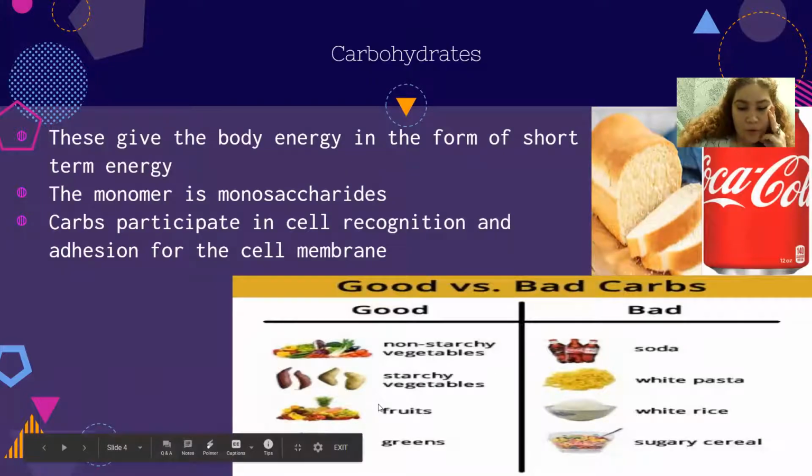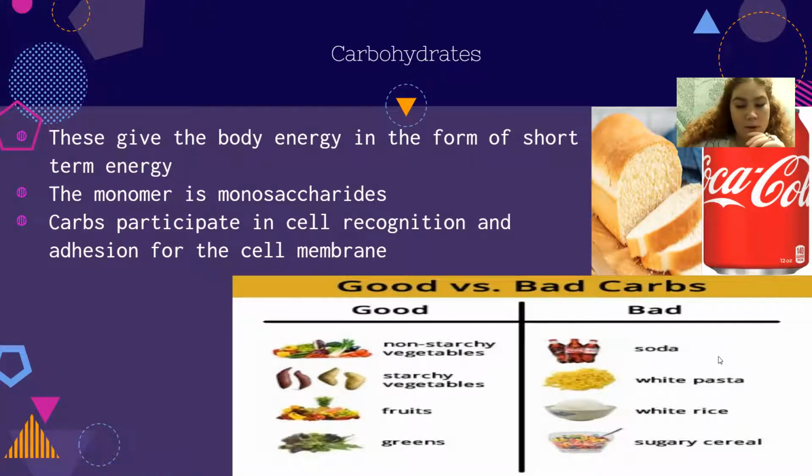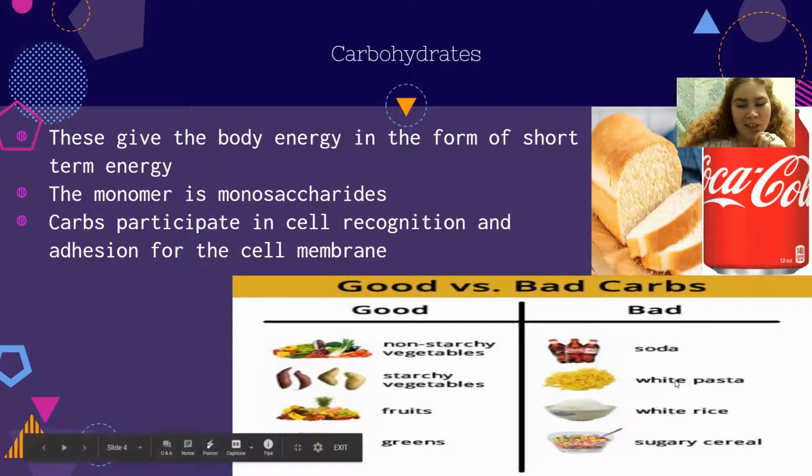So you have good versus bad carbs, right? The good carbs, non-starchy. Starchy means it's hard to break down. So vegetables, starchy and non-starchy, fruits, greens in general. I know that's kind of redundant, but bad carbs would be soda because it's just pure sugar, white pasta, white rice, sugary cereal, and white pasta and white rice because they've been refined, so you strip a lot of the nutrients.